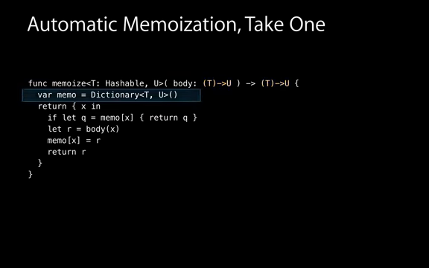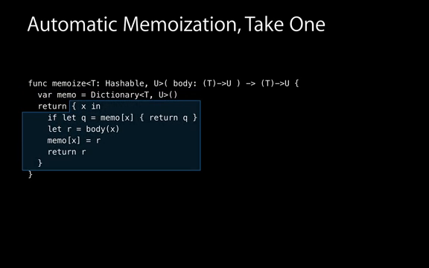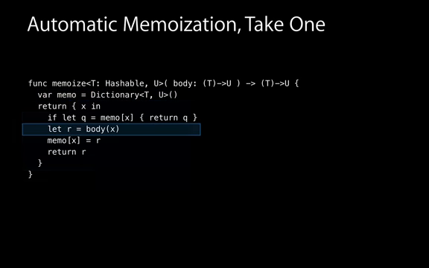Okay, inside the body, this is actually pretty straightforward. So first we create the dictionary that we're going to need to use to memoize that function. And then we return a closure, which is wrapped around an invocation of the body, which is the actual computation, right?